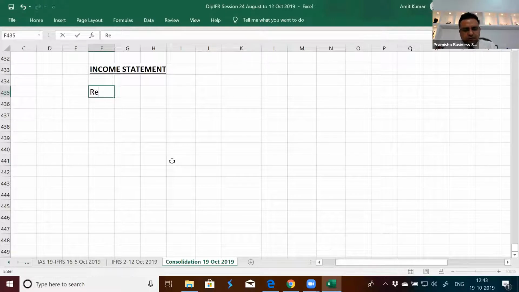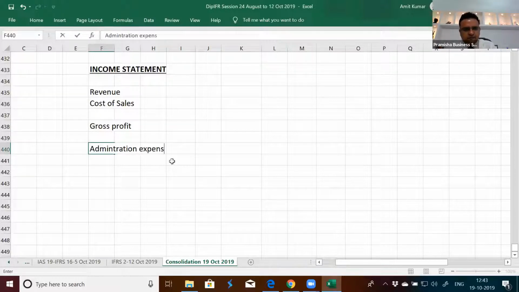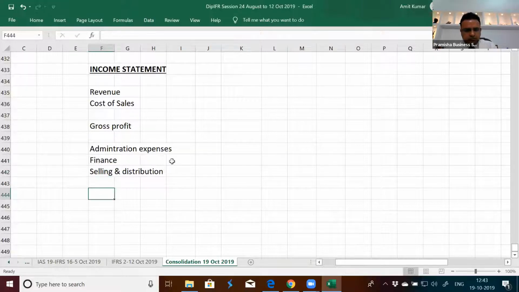So it's simply that we have revenue, cost of sales, gross profit, administration expenses, finance, selling and distribution, taxes, net profit.